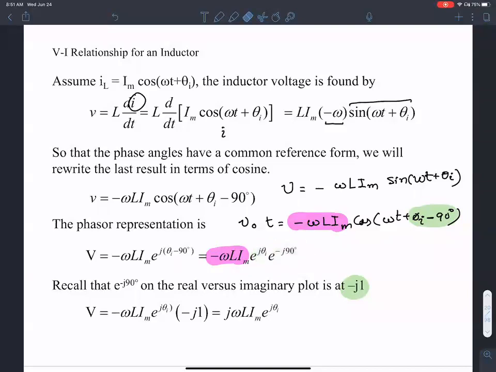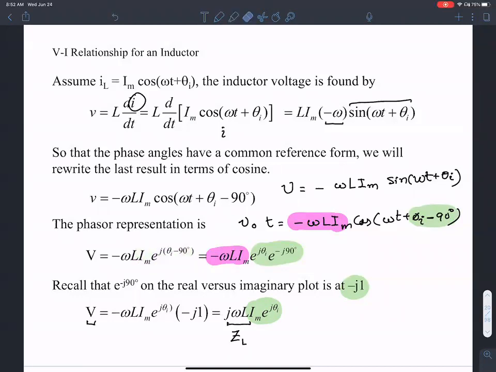So all there is to it is that V takes the form of j omega L times I e to the j theta I. If I think of this as some term ZL, what is this other term? That's still exactly the input that I'm applying.